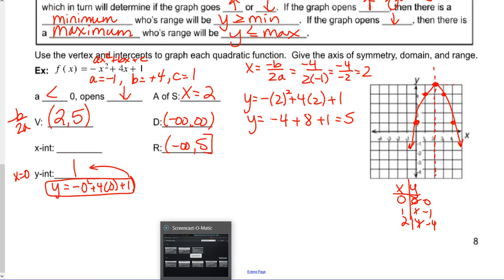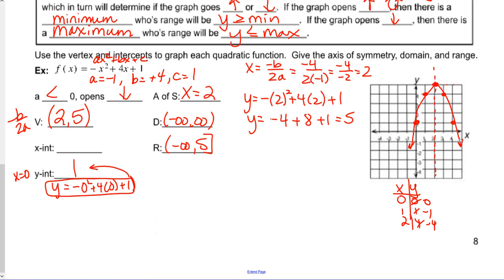Okay, now the last bit of information is that we have to figure out what these x-intercepts are. And fortunately, they're not very nice. So I'm going to take this equation, and we're going to let y equal 0. So we're going to replace that f of x term with 0. So I get -x squared plus 4x plus 1, set that equal to 0.